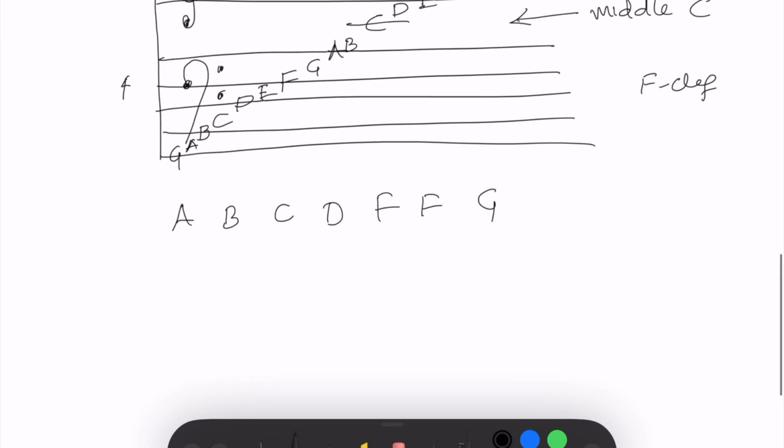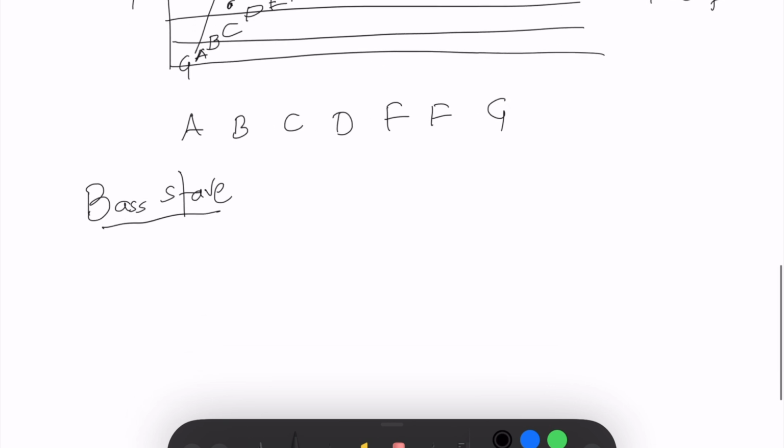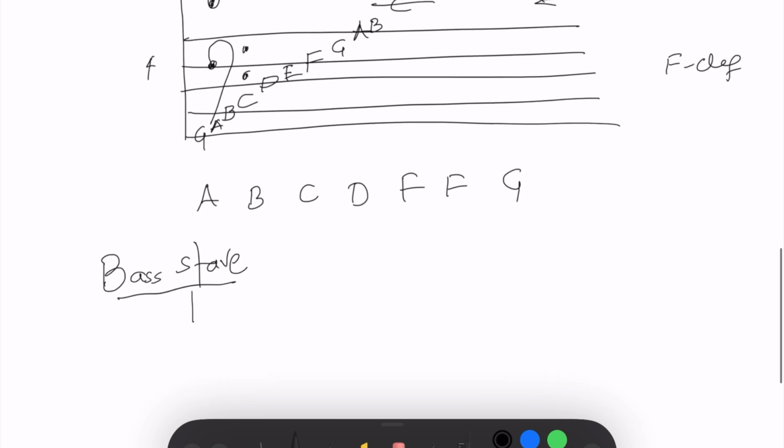So that eventually, for the bass staff, let's start from the bass staff. For the bass staff, let's look at the lines. Pick out the letter names for the lines.